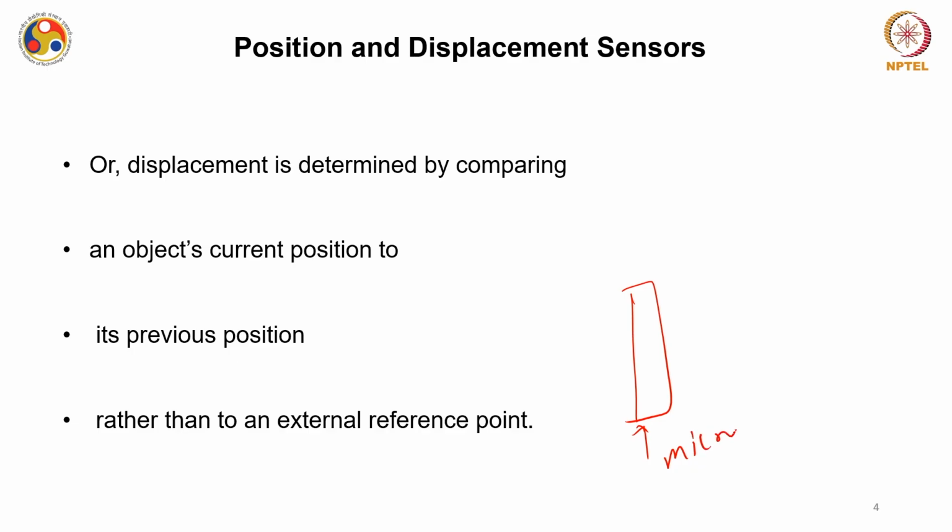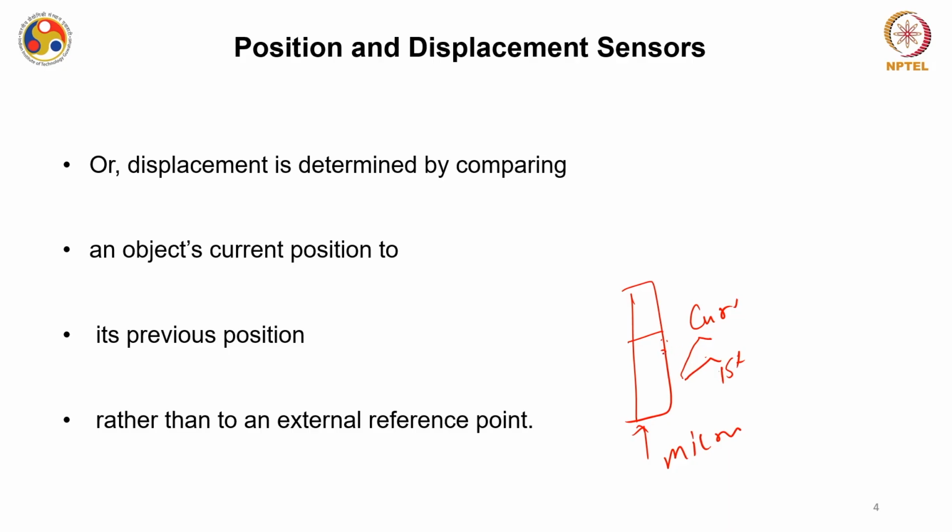Say, for example, I have a micro object, and a cantilever is moving in a certain direction, so the cantilever's position is changing, say with angular movement. This was the first position and this is the current position. I can take the movement of this cantilever with respect to this micro object, which has to be in the vicinity of the micro cantilever.